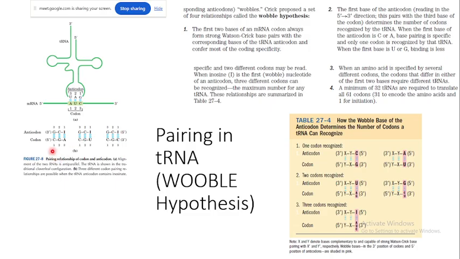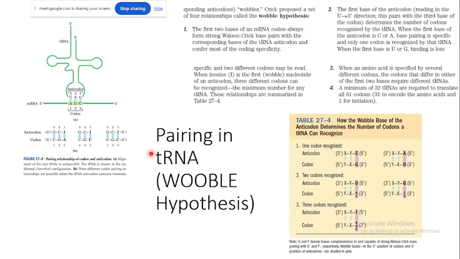So CG is common, but in the third position of the codon, A, U and C can fit. So by using the same anticodon loop of the same tRNA, you can detect three different codons, because the wobble nucleotide in the tRNA anticodon, which is inosine, can base pair with three different nucleotides.